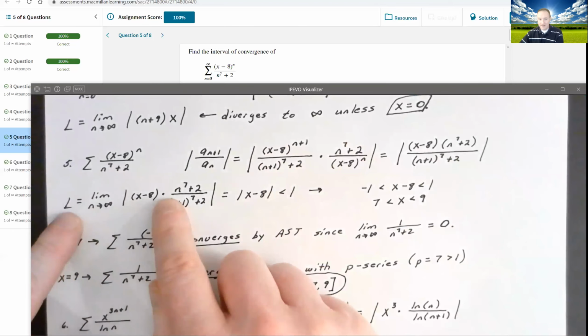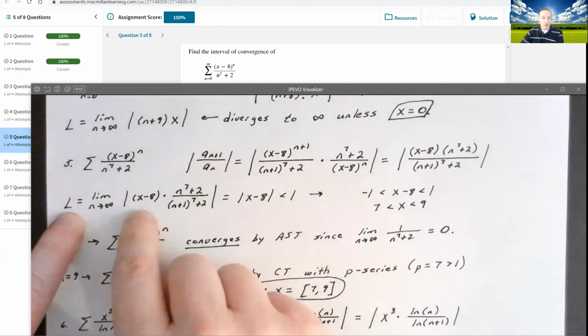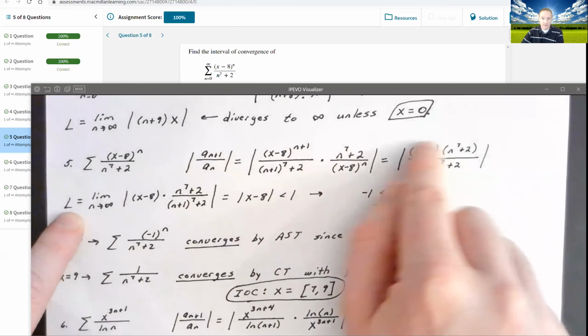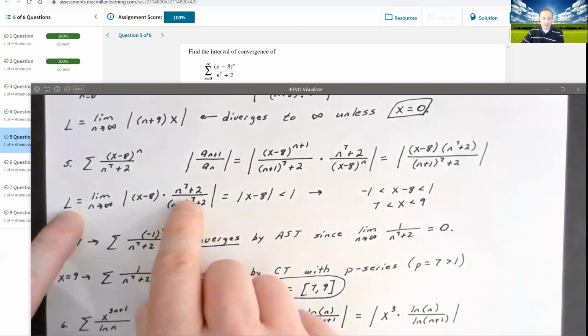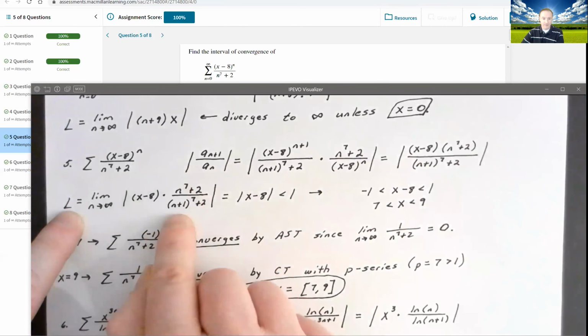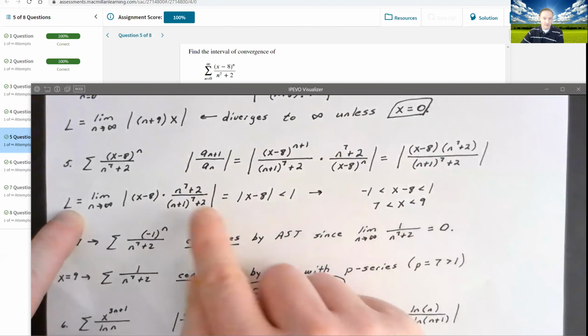Now, when I take the limit of that expression as n approaches infinity, I know all I need to do is say, well, this is going to be x minus 8 times the fractional expression in terms of n. And just like I've done on several problems before, I can look at this and say, it's just going to be a polynomial in the numerator and denominator. It's going to be degree 7 in the numerator and denominator. I'll have a 1 n to the 7th in the numerator.